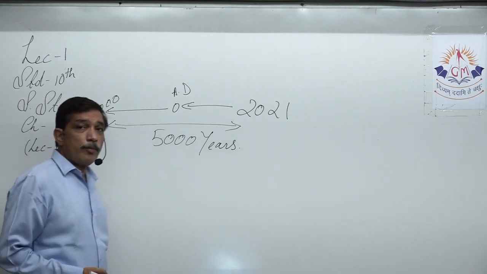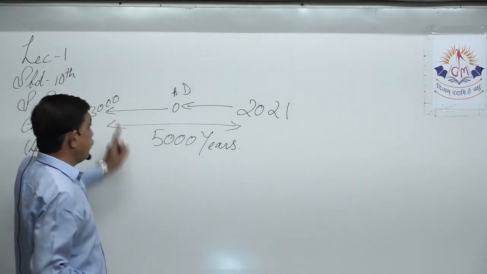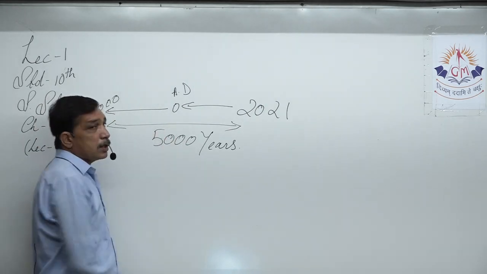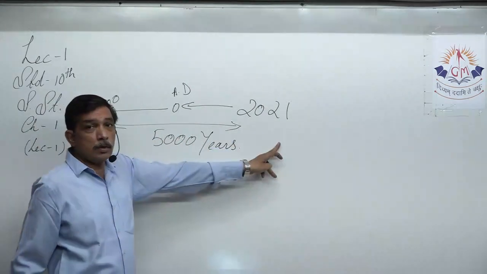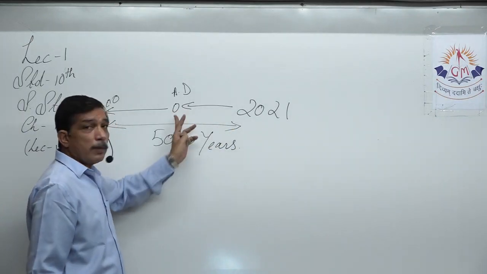This is a milestone, as 0 is a milestone because we count 2021, then 0 becomes a milestone.